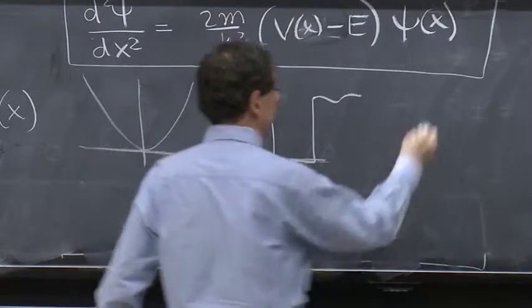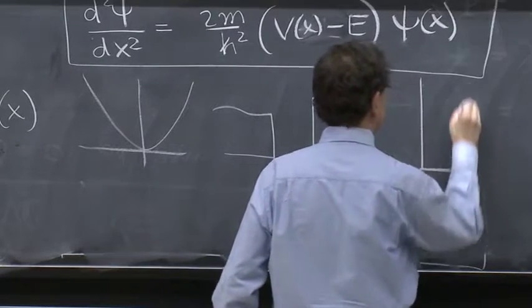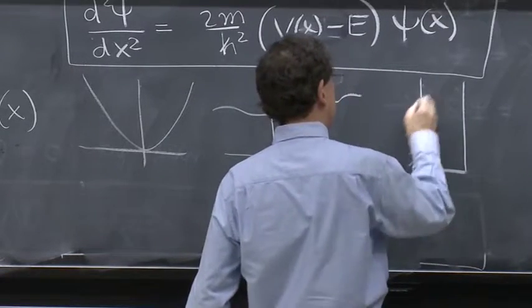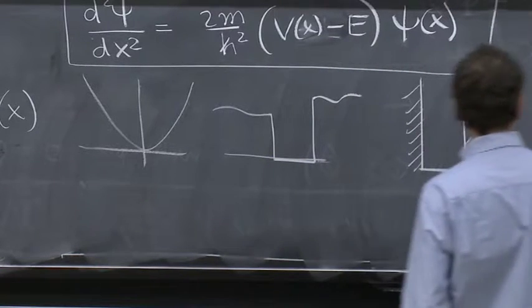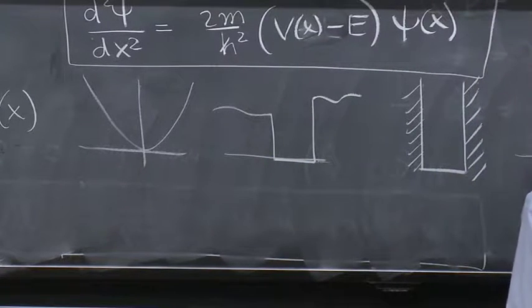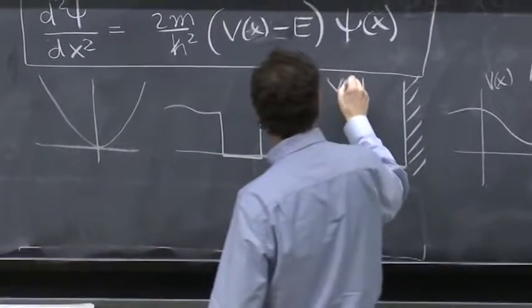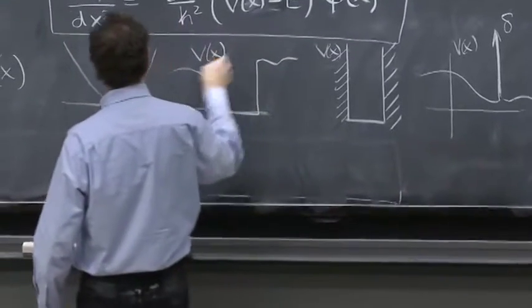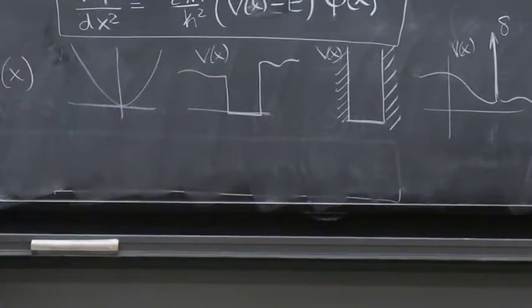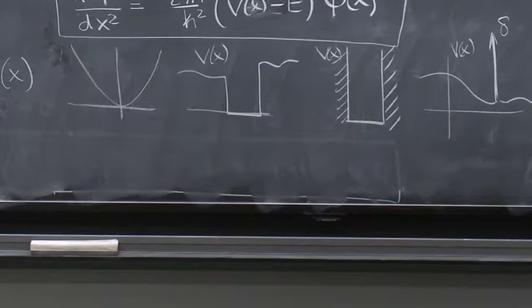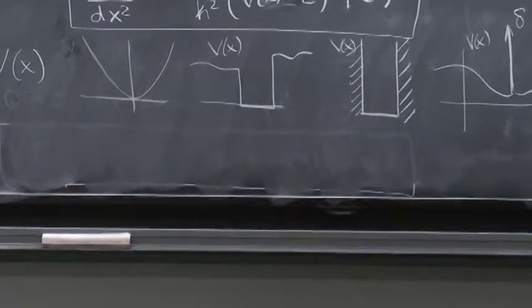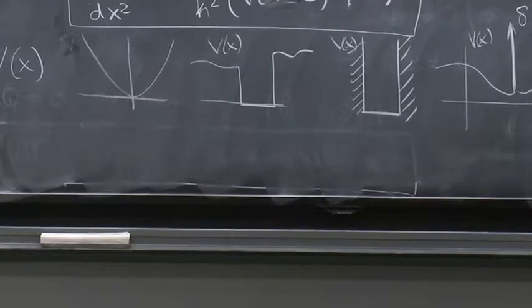It may have infinite jumps, like a potential that is a complete barrier, or it may have delta functions. All these are possible V of x. Many things can happen with the potential. In fact, the potential can be as strange as you want, depending on what problems you want to solve.